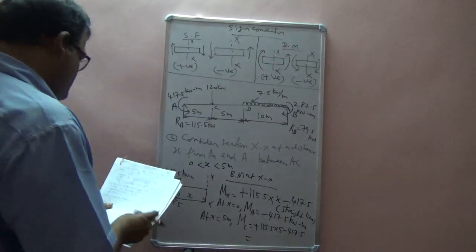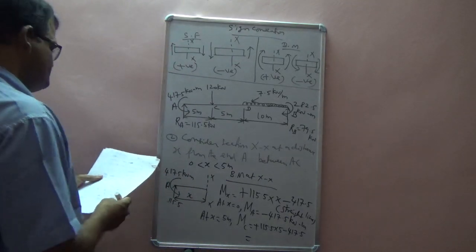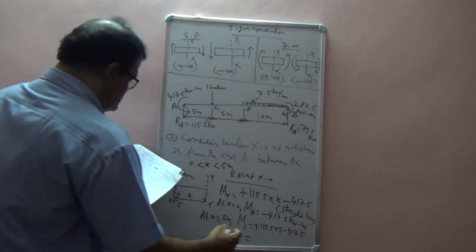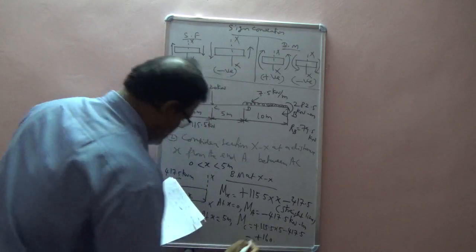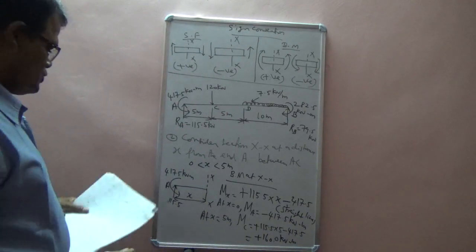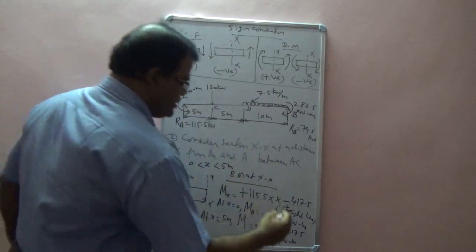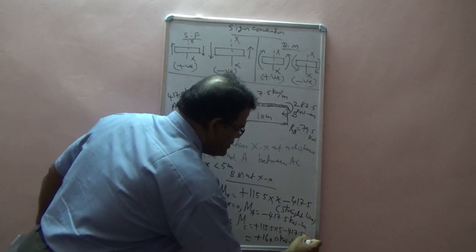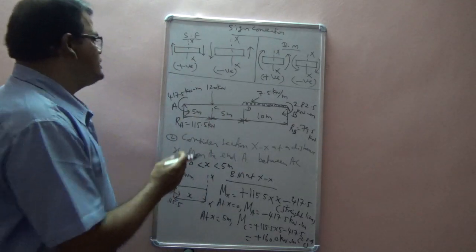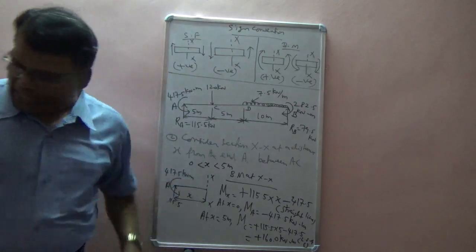So this value MC will be plus 160.0 kilonewton meter. MA is right side of A, MC is left side of C. MC we calculated for the moment at the left side of the point C.